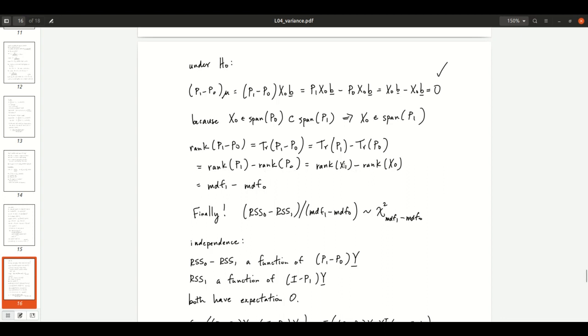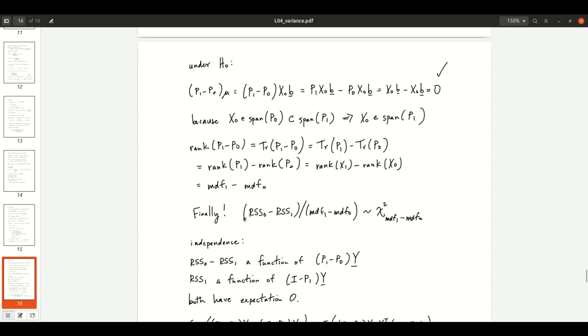And because the column space of X1 is the same as the column space of P1, the rank of P1 is the rank of X1. And because the column space of X0 is the same as the column space of P0, the rank of P0 equals the rank of X0, which is exactly the model degrees of freedom. So we get that the rank of this difference is the difference in the model degrees of freedom, which is exactly what appears in the numerator.